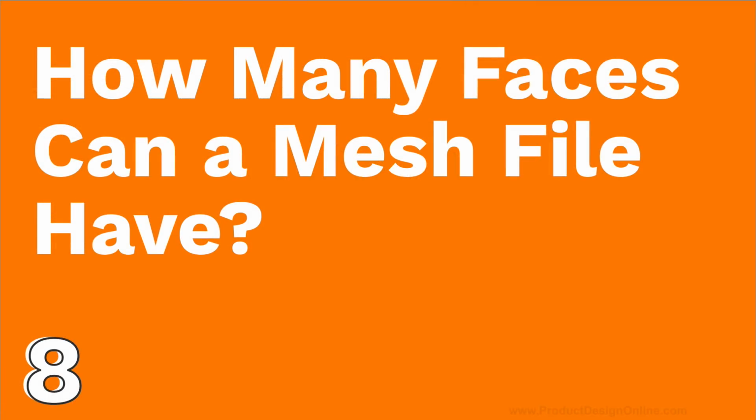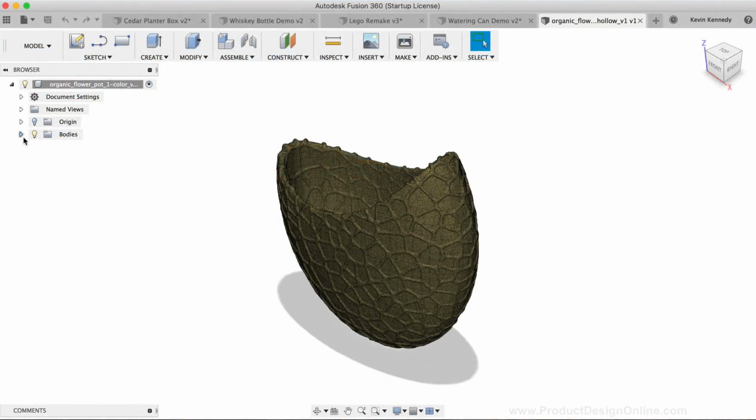Question number 8 is in regards to converting STL or mesh files to BREP solid bodies. I often get asked what is the maximum number of faces that I can convert. For those of you that use Fusion 360 for 3D printing purposes, you've probably at some point found yourself wanting to convert a Thingiverse file to a solid body so you can customize or alter it.